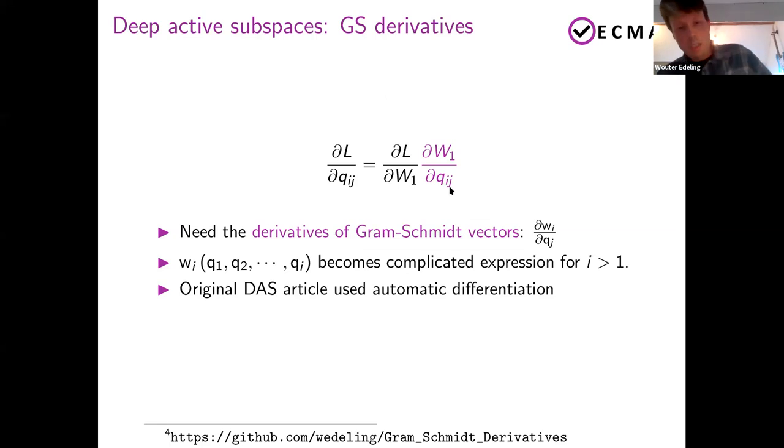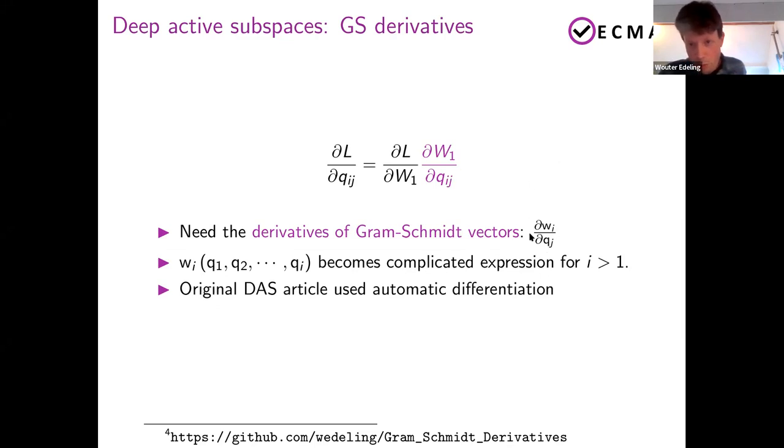So you can see that what I need to compute extra compared to a standard neural network are the derivatives of the Gram-Schmidt vectors. This is not exactly the same, but if I have this partial derivative of W1 with respect to Qj, I can compute these terms here. It's just a matter of reshuffling some columns.